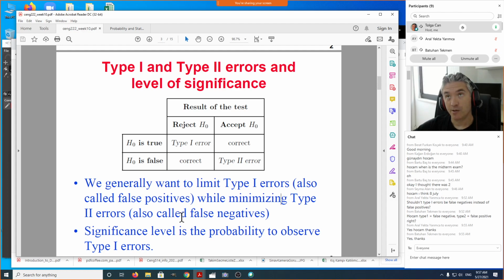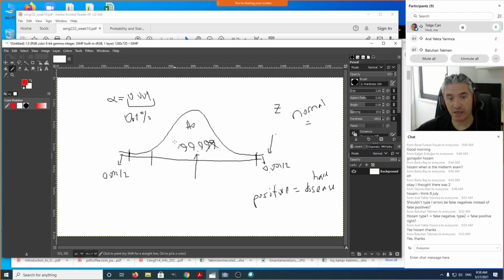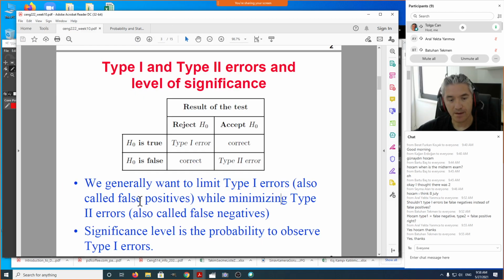The probability to avoid false negatives is sometimes called the power of the test. And false negatives, type 2 errors, occur when you say you're normal. You tell that person your test is negative and you're normal. But if that person is actually sick, has the disease, that's a false negative, and that will be your type 2 error.